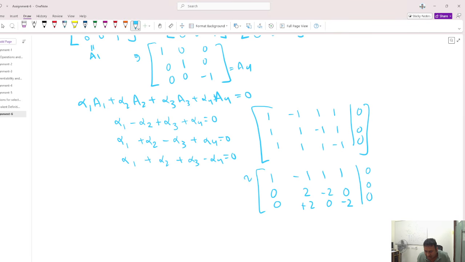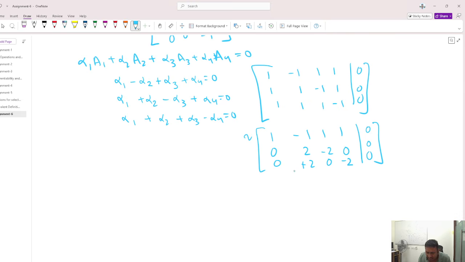So 0, 0, 0. Simplify it a little bit. If you just write like this, 1, minus 1, 1, 1, so 0, 1, minus 1, 0, 0. I'm applying some row operations. You can see what row operations I'm applying.